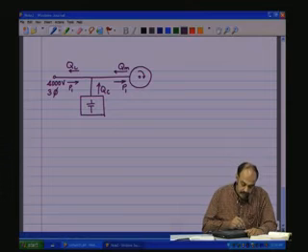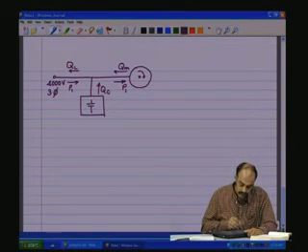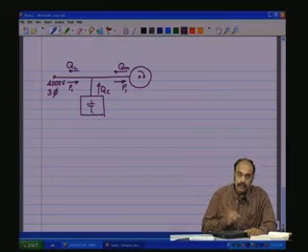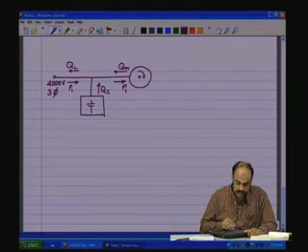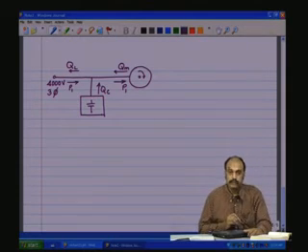So, you have a reactive component of power Q line on the line side, QC on the capacitive side, QM on the motor side. There is only one active component, which is taken from the motor to the mechanical domain, that is P1, which gets supplied from the mains.